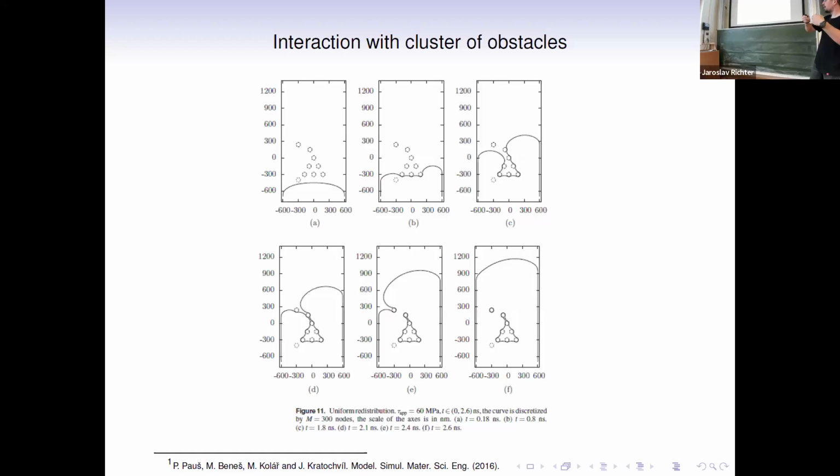Depending on their respective strength, I mean the repulsive strength, it can cut through them, making one big Orowan loop around the cluster, or a single Orowan loop around each single obstacle. So this is mimicking what could theoretically happen in the channel with more obstacles in the same slip plane as the dislocations.